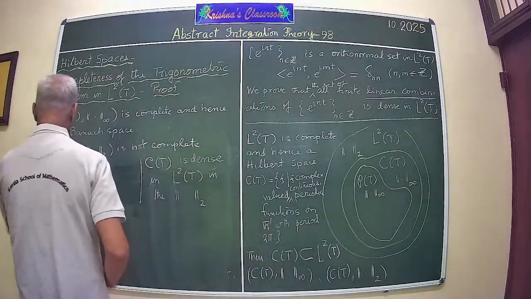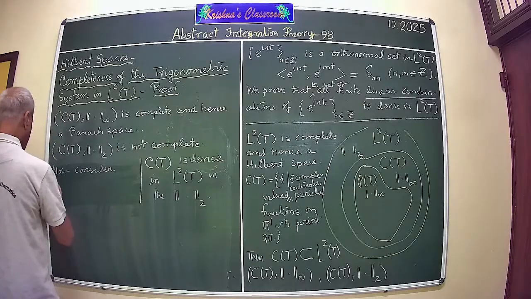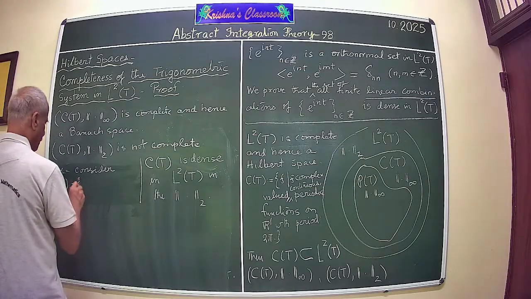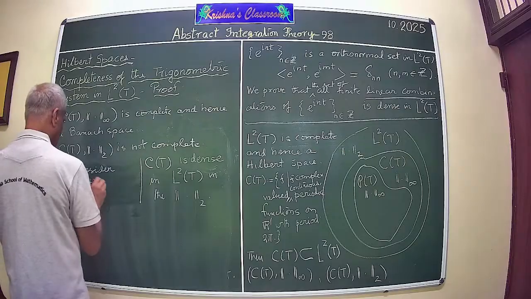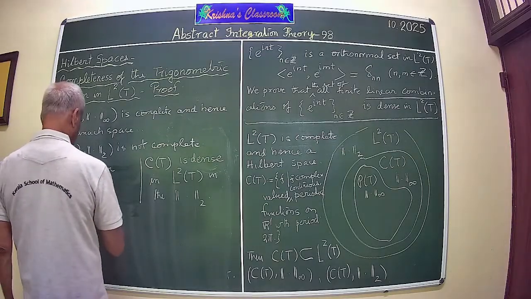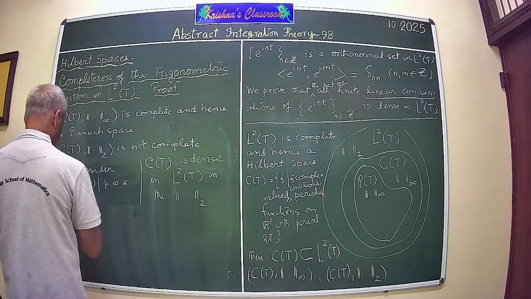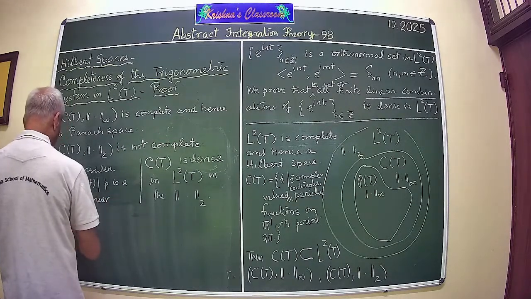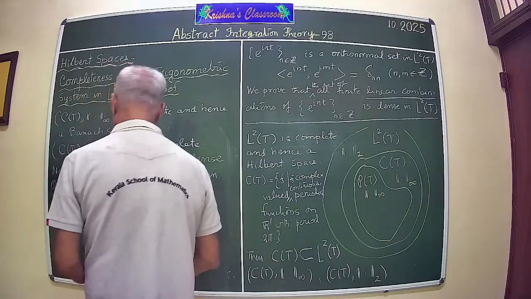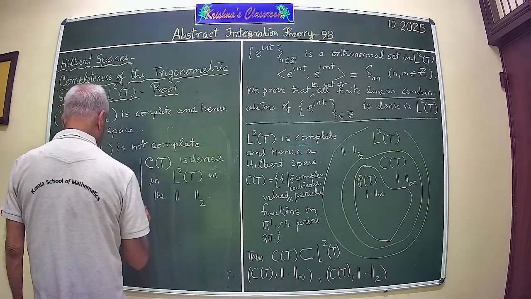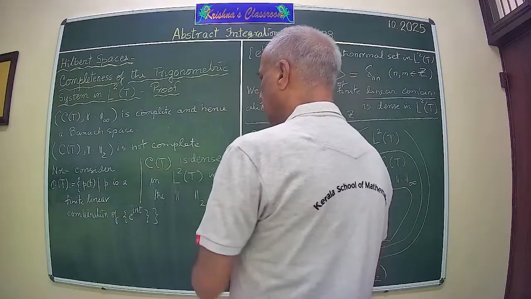Now consider P(T), the finite linear combinations of e to the power int. That's P(T).